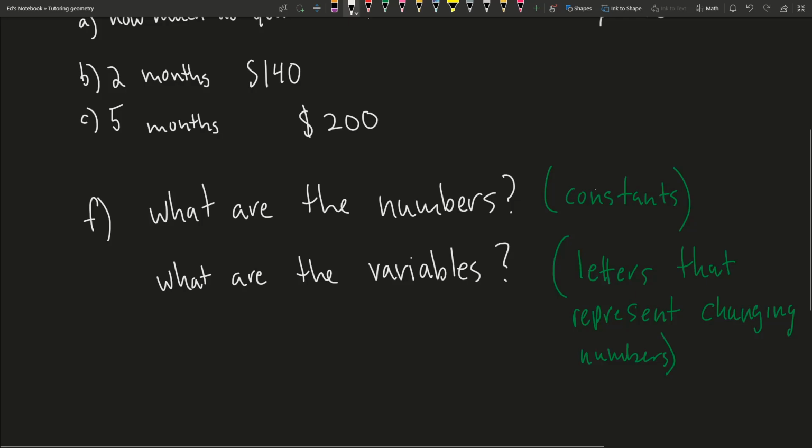So what are the numbers? Well, we had $100 in savings. That's a number. And we're saving 20 each week, or not week, month.